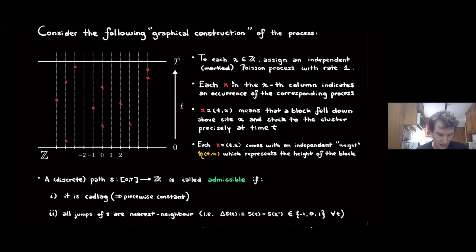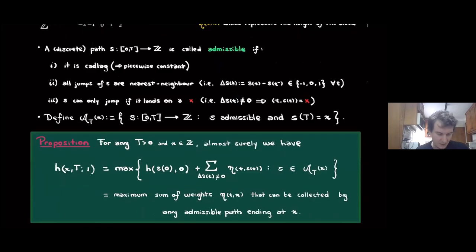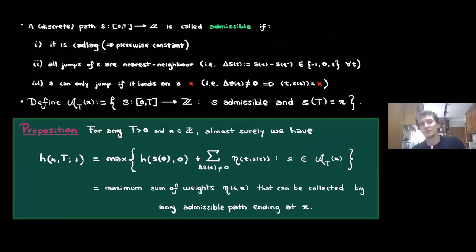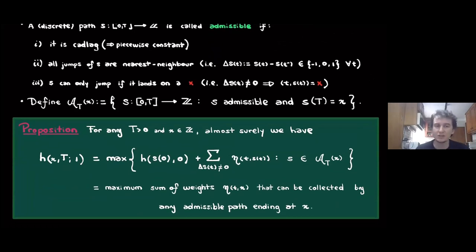Okay, so once I have these admissible paths, the key proposition which relates our model, the ballistic deposition model, to a last passage percolation problem is the following. So for any t and any x in the integers, with probability 1, we have that the height of the column above x at time t is the maximum sum of the weights associated to these red crosses that I can collect by any single admissible path which ends at x. Okay?